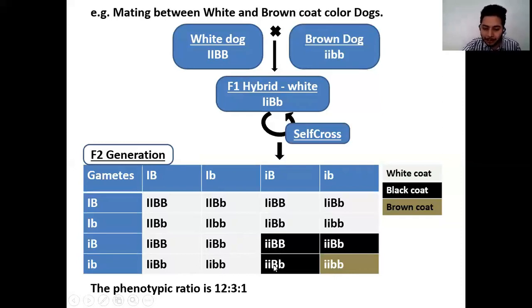So therefore, capital B is dominant over small b, and therefore it is going to express the black coat color in the dogs. And the last case is where at the hypostatic locus, I have the recessive genotype. Therefore, the individual is going to have a brown coat color. So this is going to induce a brown pigmentation.